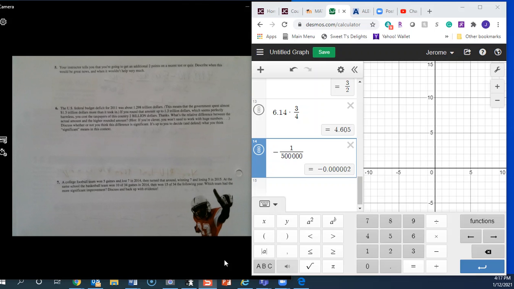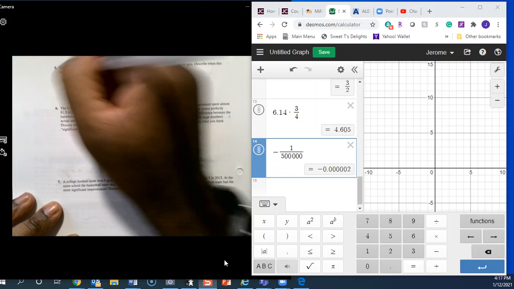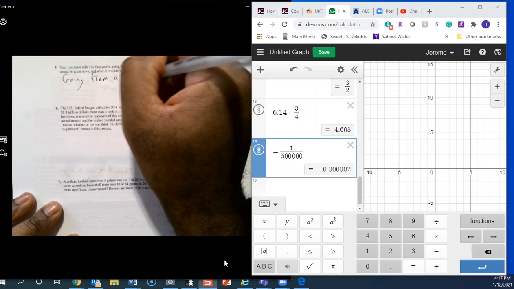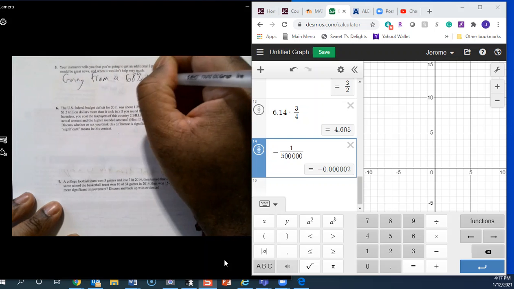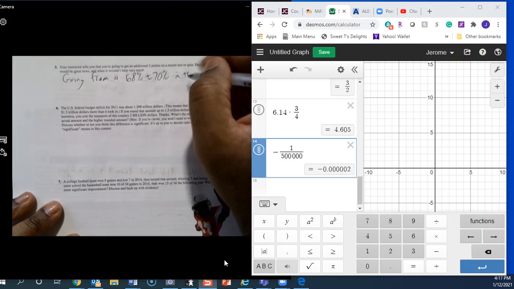Okay, now we come here to the next page. It says your instructor tells you that you're going to get an additional 2 points on a recent test or quiz. Describe when this would be great news and when it wouldn't help very much. Going from a 68% to a 70% on the exam.